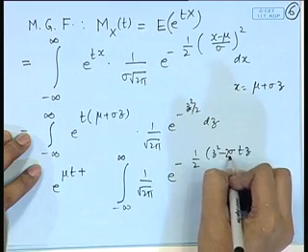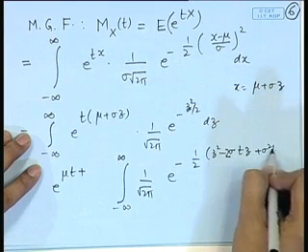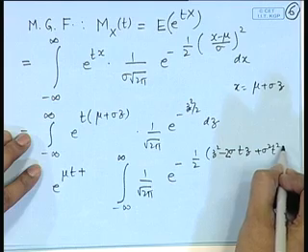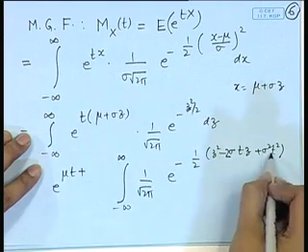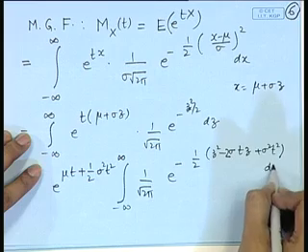This suggests that we should add sigma square t square and subtract it. If we subtract it, then the term will be half sigma square t square.